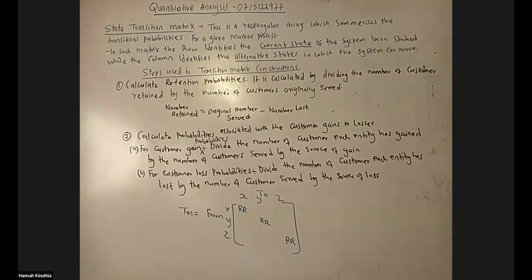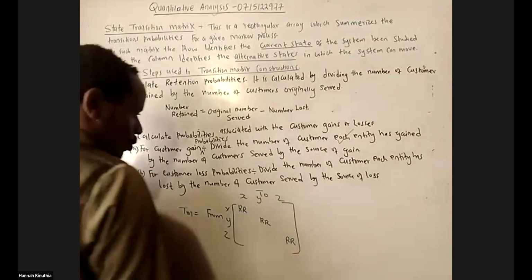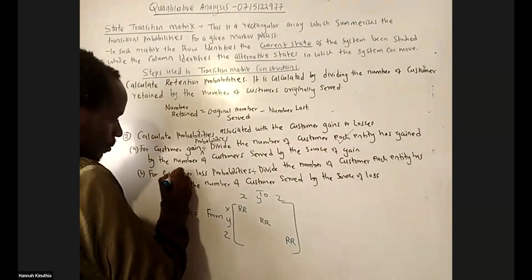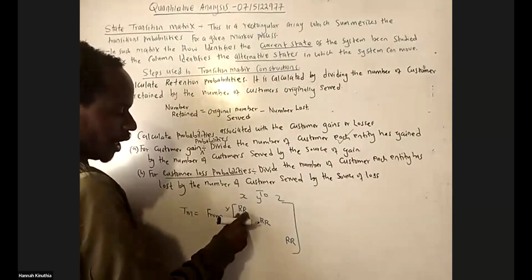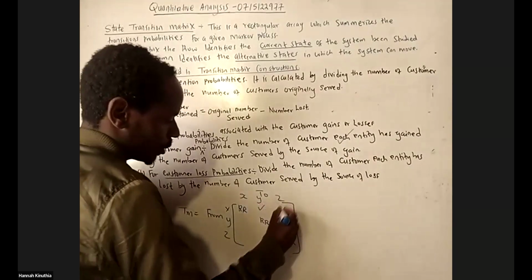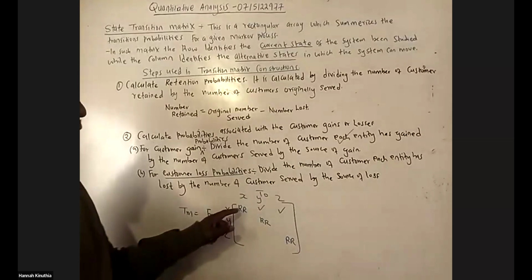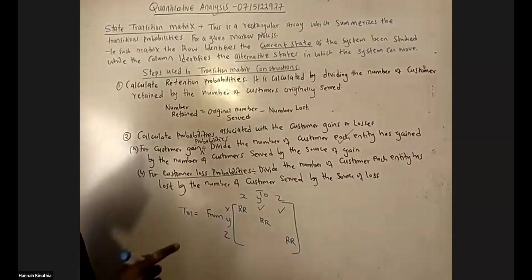And then we also need to compute number 2, this item. We need to compute the customer gain and the customer loss. But in most cases we shall be using this one very much to get this figure. So remember what we retained and what was lost. X lost some amount to Y and some amount to Z, just the way we are doing the other question.